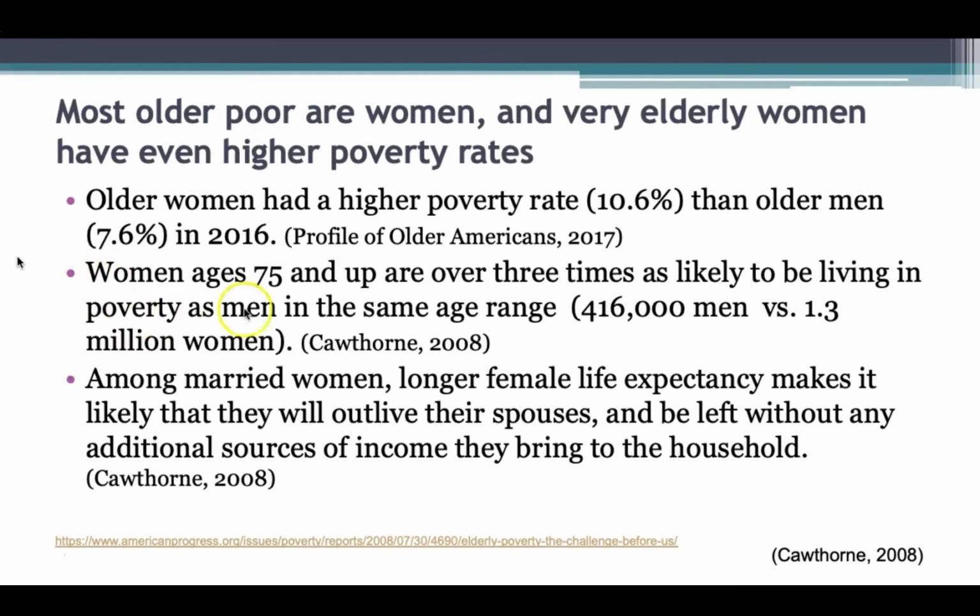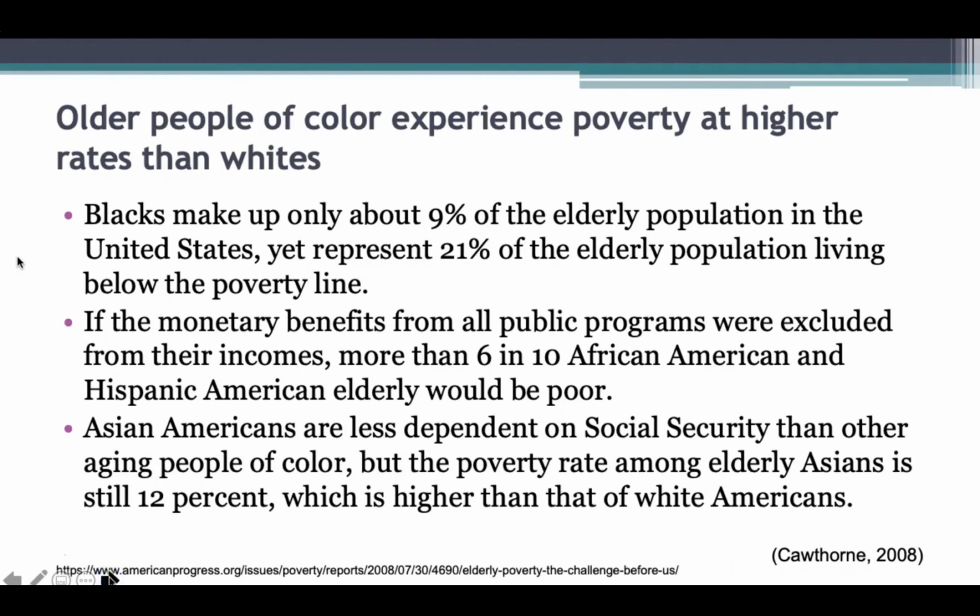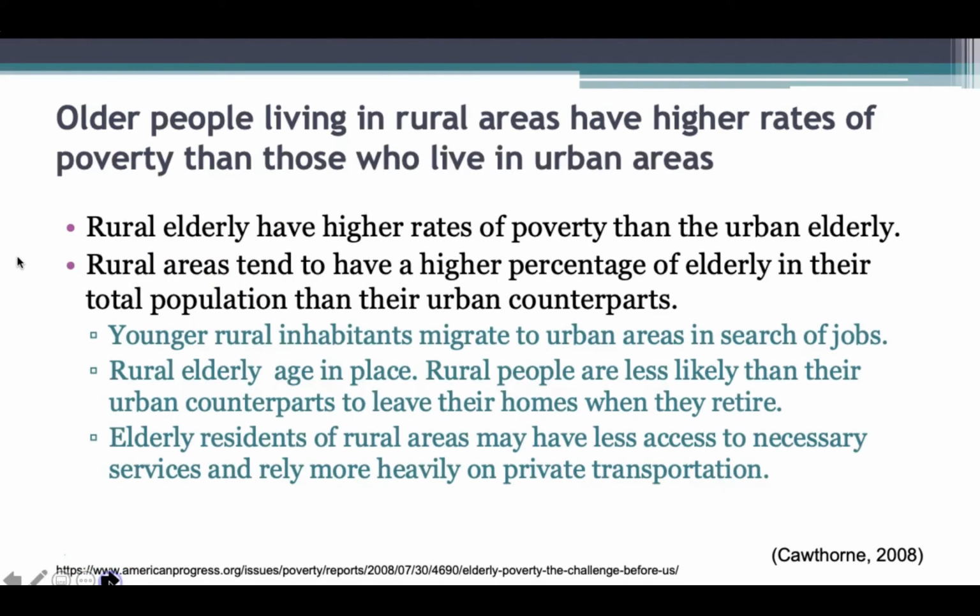And among married women, they're likely to outlive their spouse, which means they'll have a reduction in income when their spouse dies. So, looking at, again, difference in ethnicity, and this looks specifically at some of the differences with African American, Hispanic, and Asian Americans, and some of the differences in wealth in particular, related to ethnicity there.